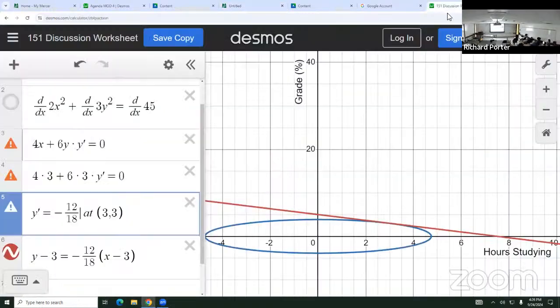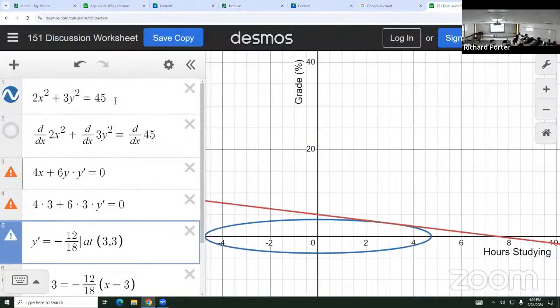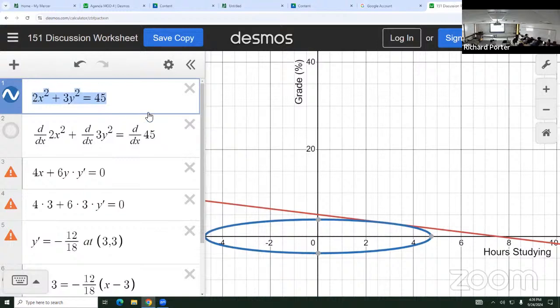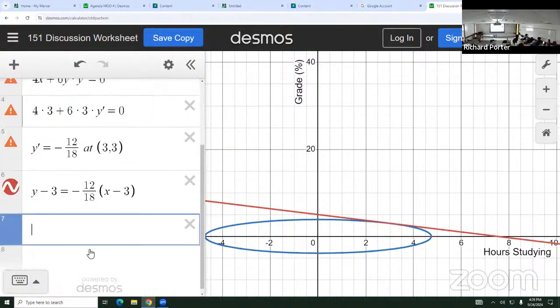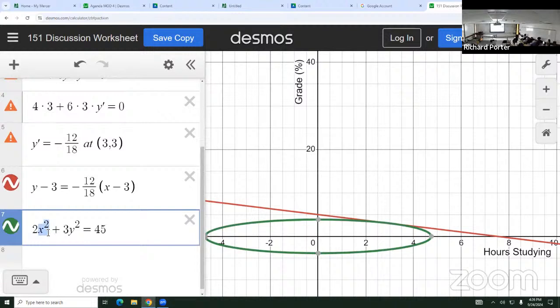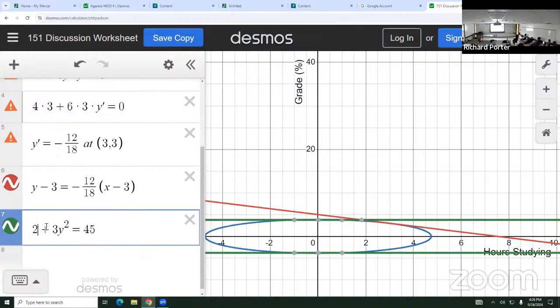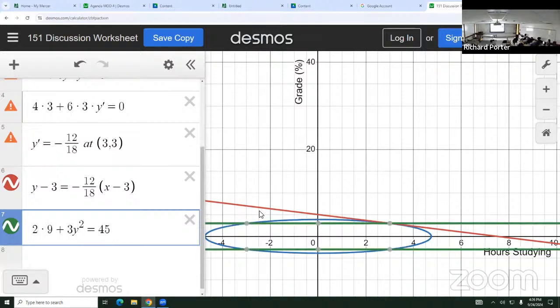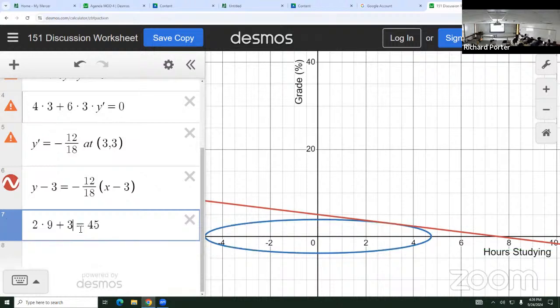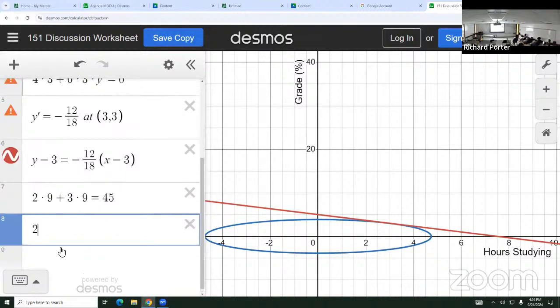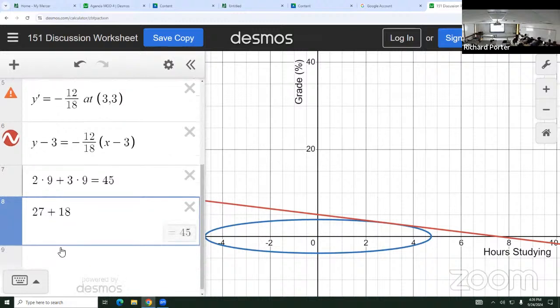So if I go to the original equation here, and if I plug 3 in for that, I get 2 times 9. If I plug in here, I get 3 times 9. That's 27 and 18. Is that true? Is 27 and 18, 45? It is.